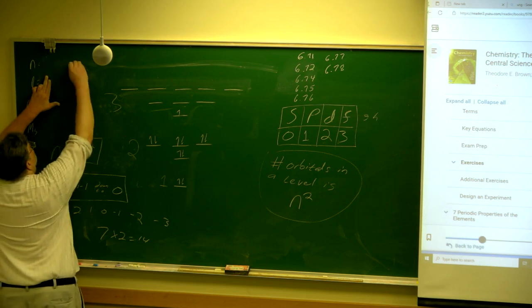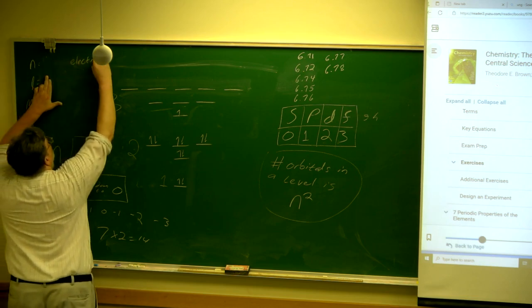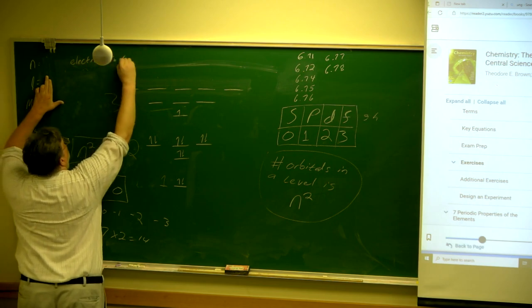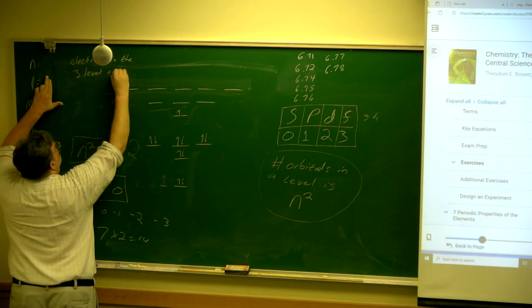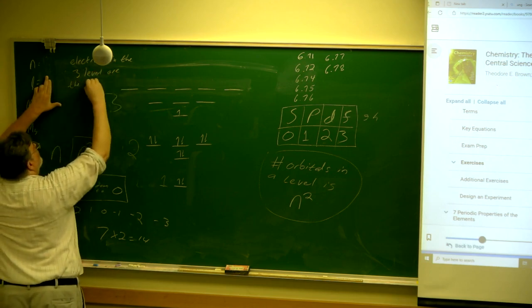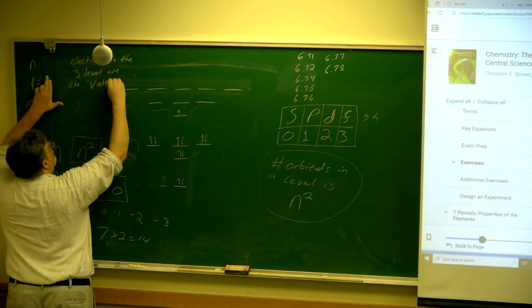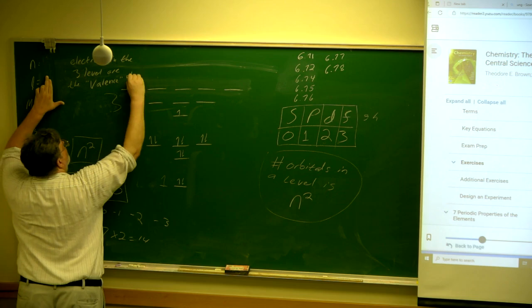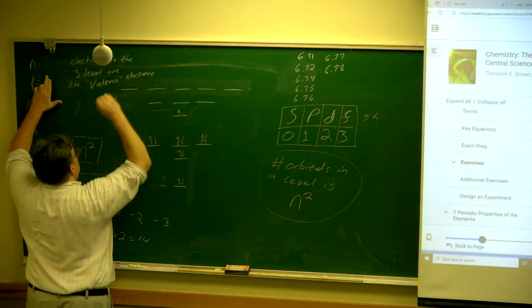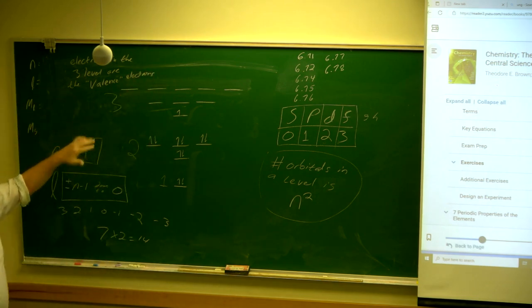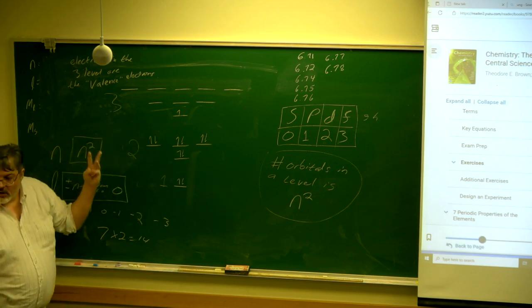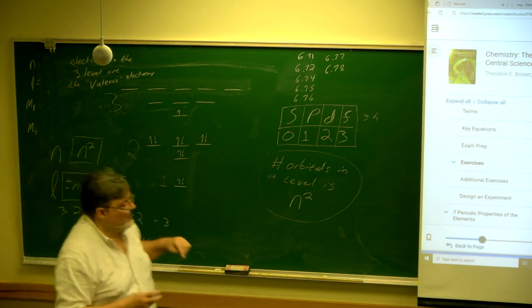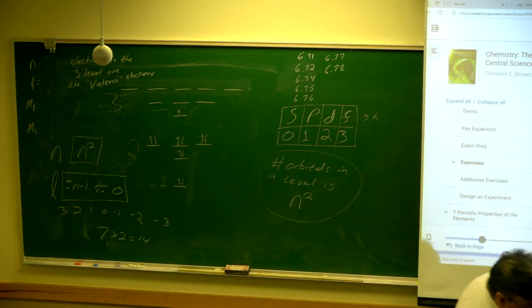So the electrons in the 3 level are the valence electrons. And in this case, there's only 1. And everything else below it are the core electrons. But I don't tend to make vocabulary tests, so.